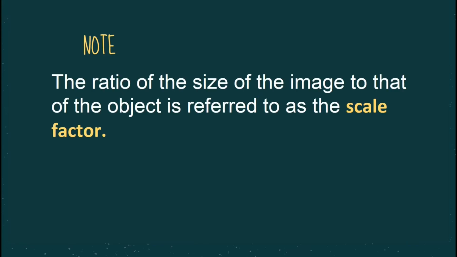Now let's take note. The ratio of the size of the image to that of the object is referred to as the scale factor. So anytime we are talking about enlargement, the scale factor plays a vital role. The scale factor determines how the object increases in size.